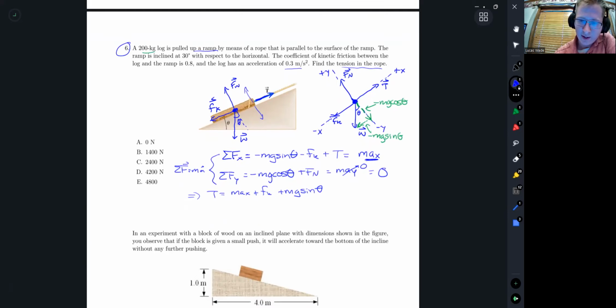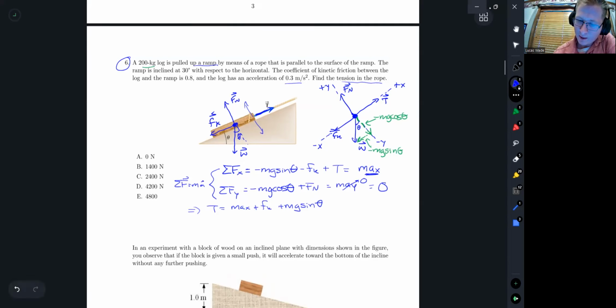Okay, everyone sees how I got that? Okay, good. So we're rearranging this first equation, the sum of the forces in the x direction.